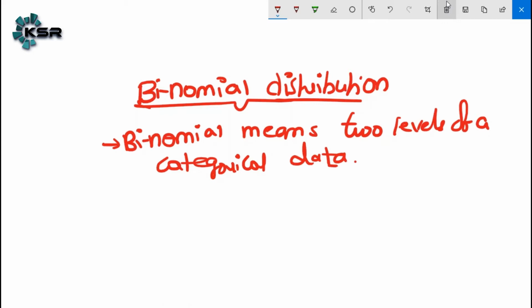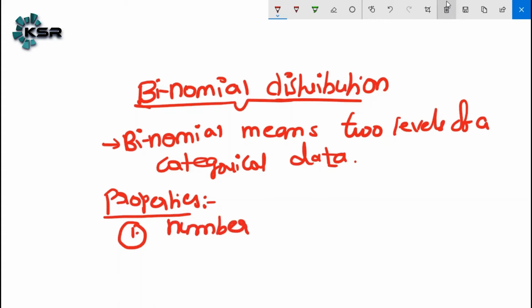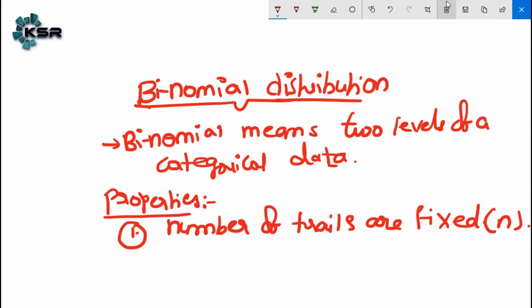In this case, we have four different properties. First one is that the number of trials is fixed. The number of trials is denoted with a small n.